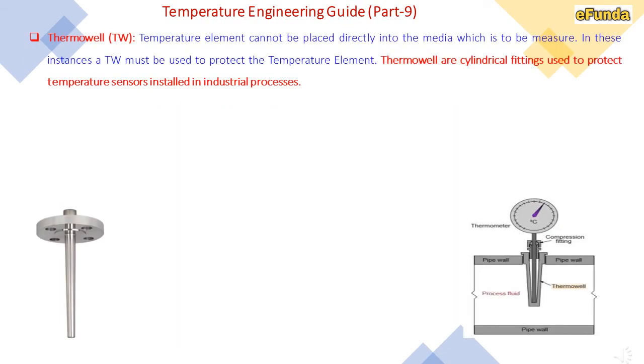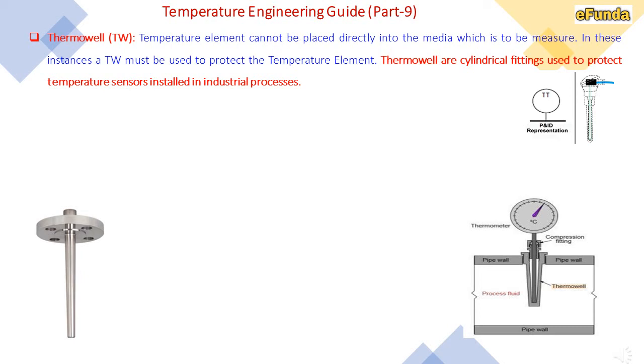Moving on to Thermowell. A temperature element cannot be placed directly into the media which is to be measured. In this instance, a TW must be used to protect the temperature element. Thermowells are cylindrical fittings used to protect temperature sensors installed in industrial processes. One can see the typical PNID representation for the temperature measuring device installation where only TT is shown.